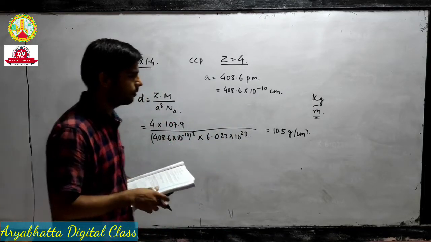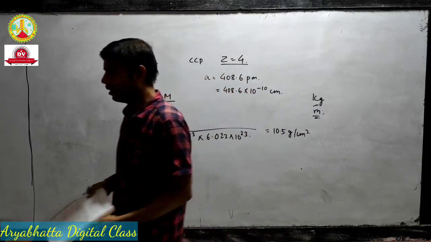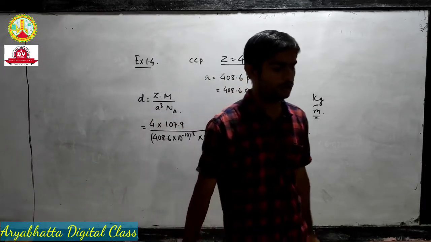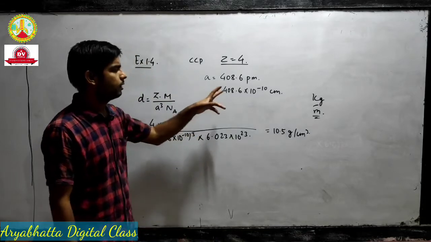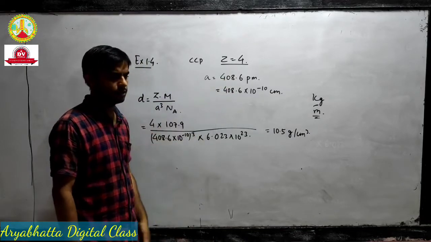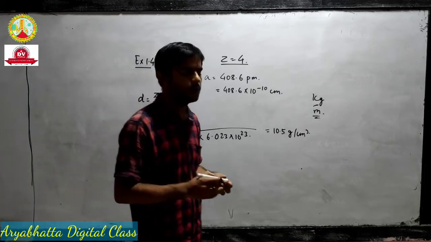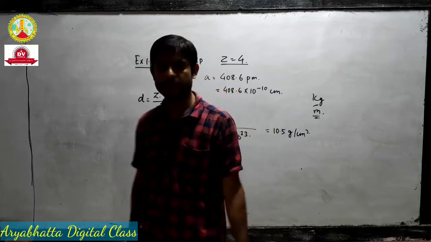I have done it in gram per centimeter cubes. You can find your result in kilogram per meter cube also. It's your choice. It's all about the unit that you take. In general it is a very good practice to do all the calculation in SI system. But it's your choice.